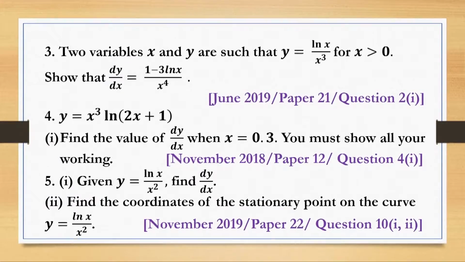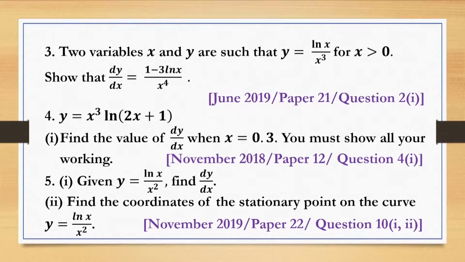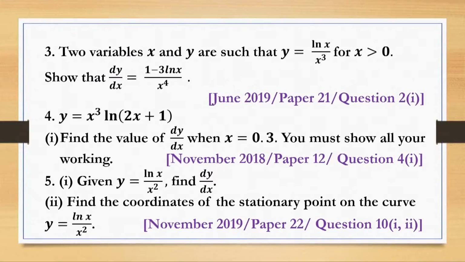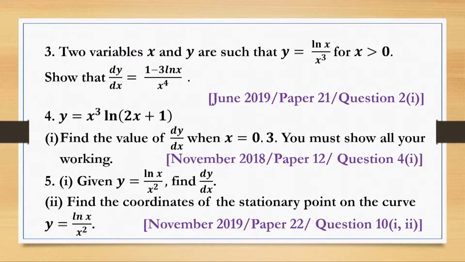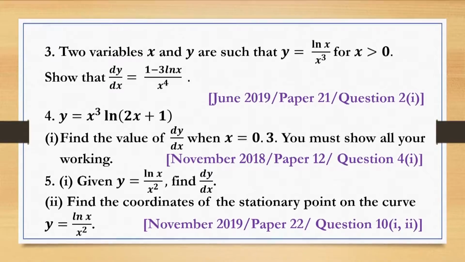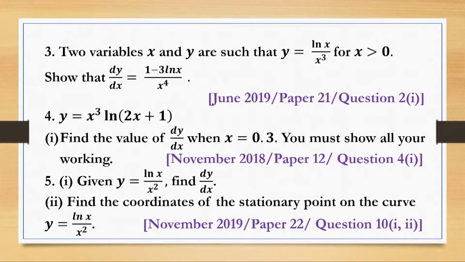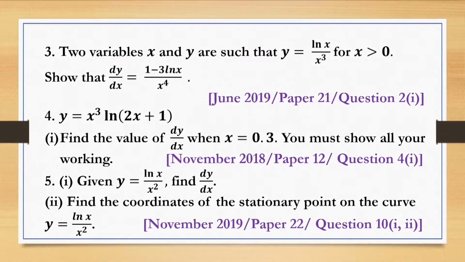Number 3, you're given y equal to ln x over x cubed, and you need to show that dy by dx is equal to 1 minus 3 ln x over x power 4. Number 4, y equal to x cubed ln 2x plus 1. So here you need to find the value of dy by dx when x equal to 0.3.